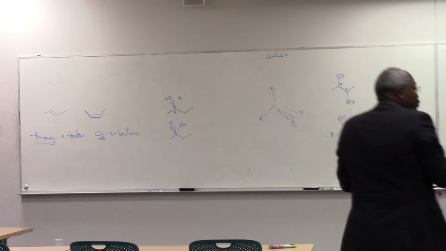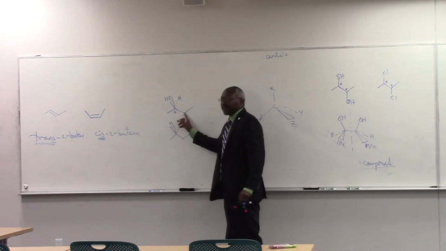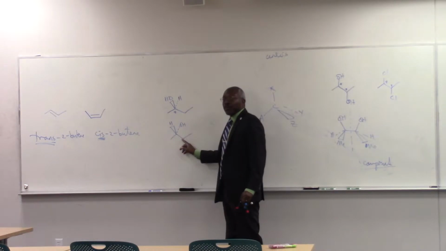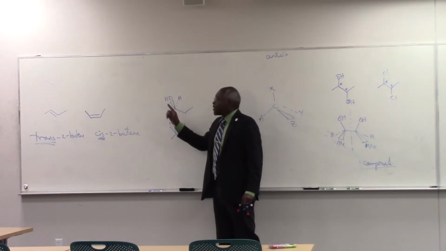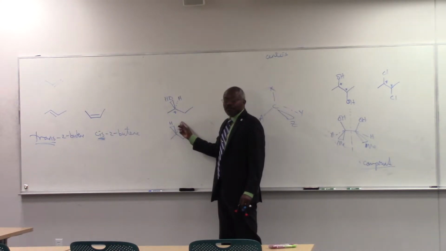So as I fix two groups, in this case the methyl and the ethyl, so these are fixed in the plane of the board. In one, the OH is in front of the board, in the other, the OH is behind. Okay?